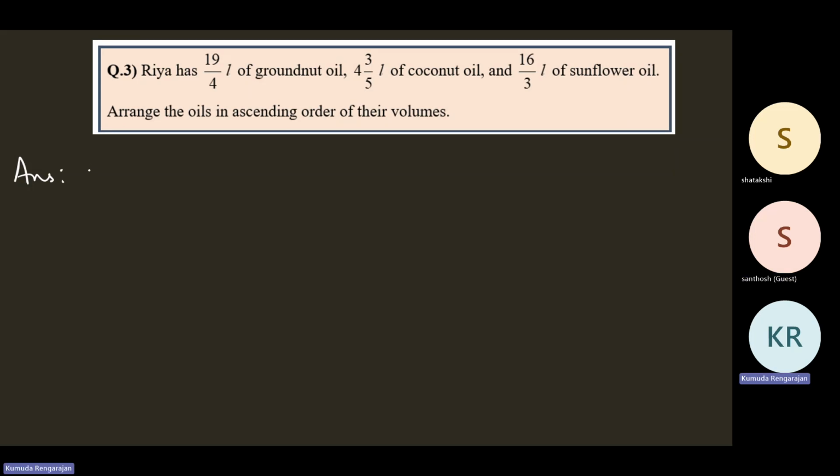Mixed fraction or convert the mixed fraction to improper fraction? We should convert the mixed fraction to improper. Yeah, correct. But even though it's improper, it would not be easier to arrange them in order, because the denominators are different. So you'll have to bring them to the same denominator.